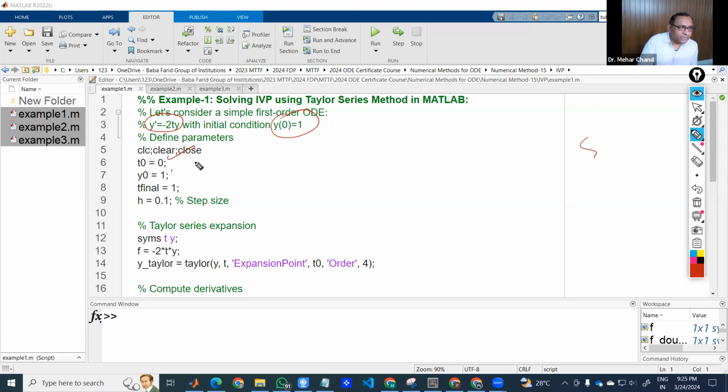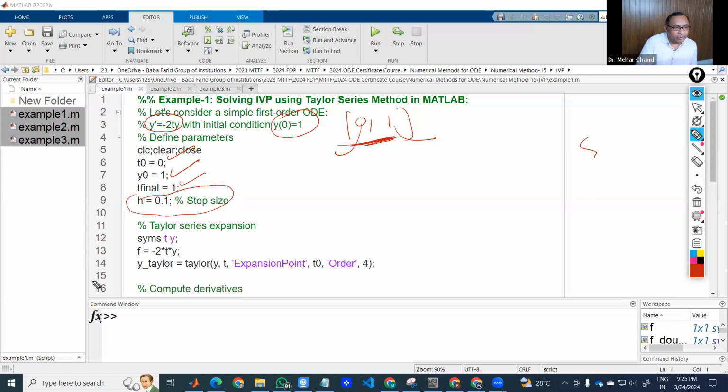These are the initial conditions: t0 is equal to 0, y0 is equal to 1, and we want to find the values in this interval, from the initial value to the final point. For t final we have 1, and the step size we are choosing is 0.1.